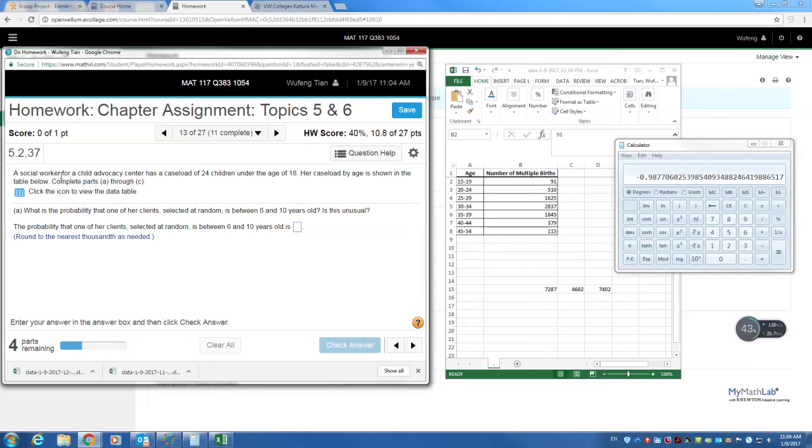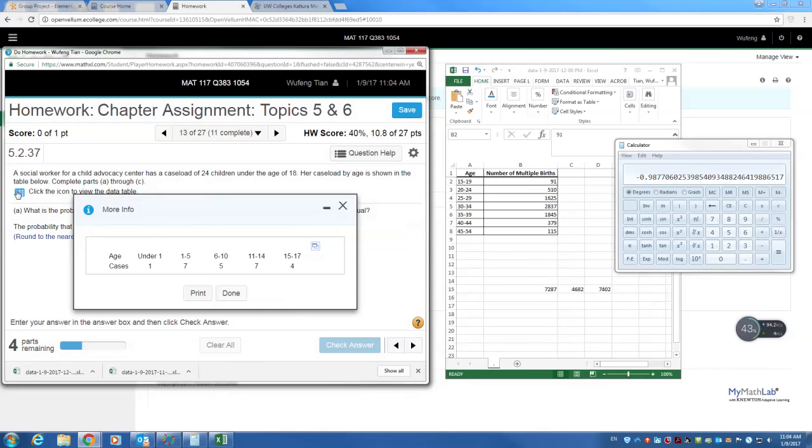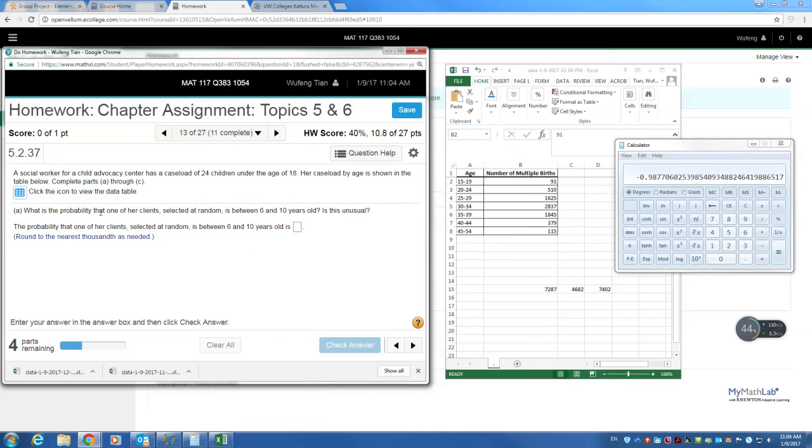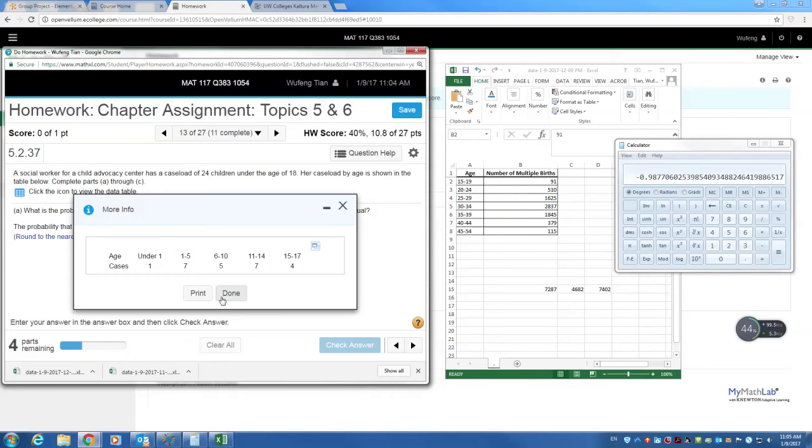Alright, so you have this, click that. A social worker at a child advocacy center has this table. It should be an easy one. Open it in Excel.